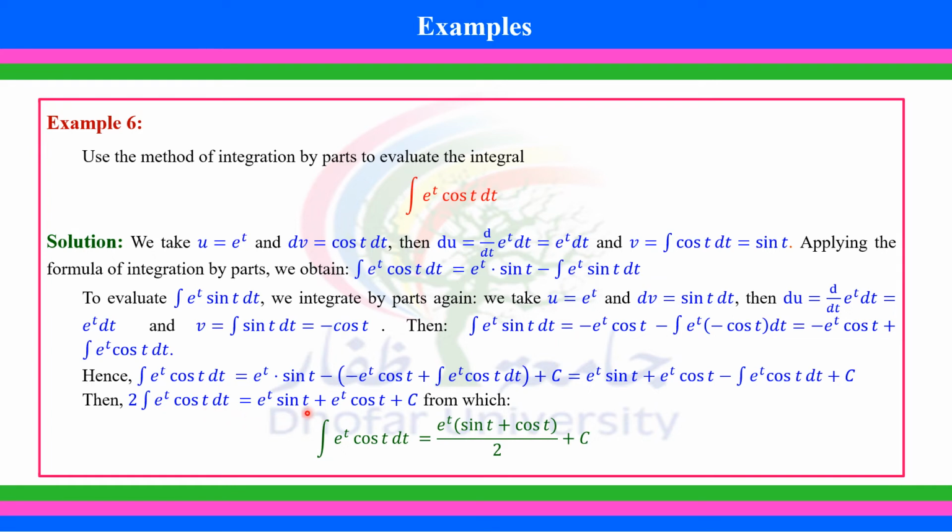And on the right hand side, we remain with the rest of the terms, this term and the constant. To obtain the value of this integral, we divide the two sides by 2, giving this integral equal exponential t times sine t plus cosine t, over 2, and then we add the constant of integration.